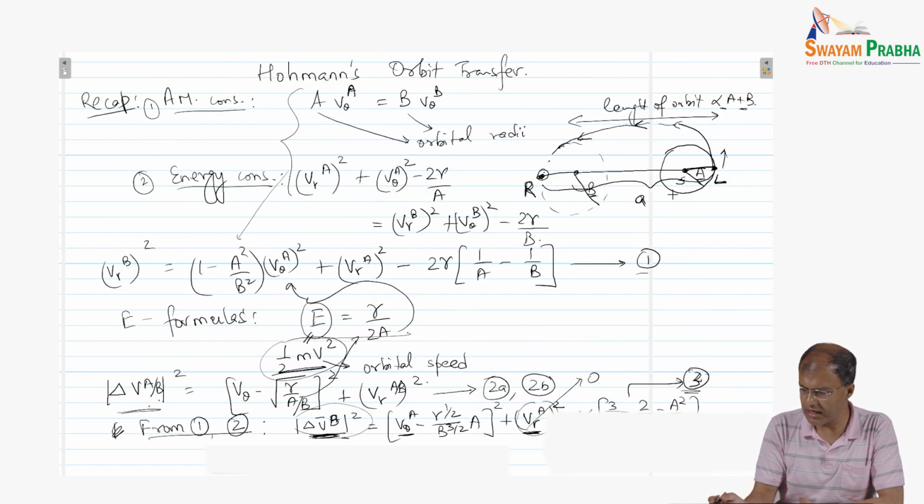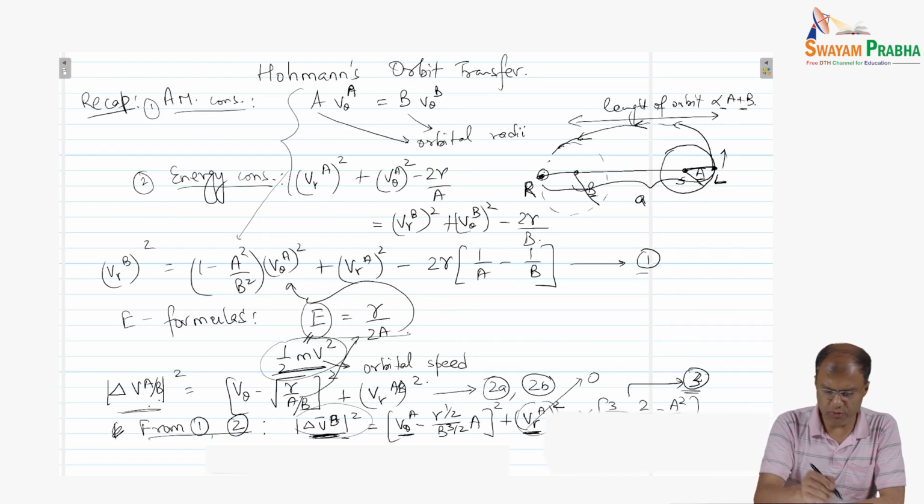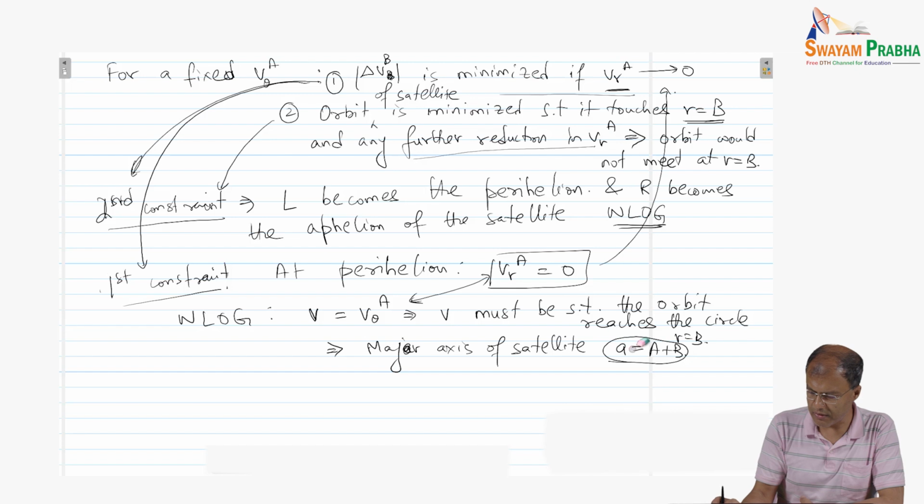Have I drawn it correctly? Right. Well, there must be an inequality here. A will be greater than or equal to a plus b, because the minimum value is a plus b, right?